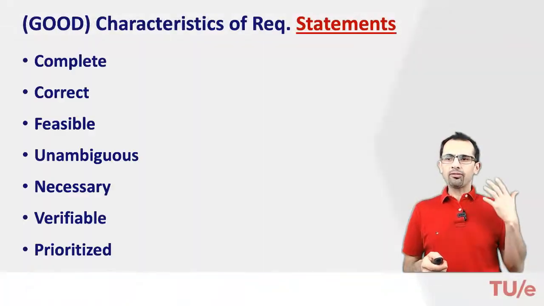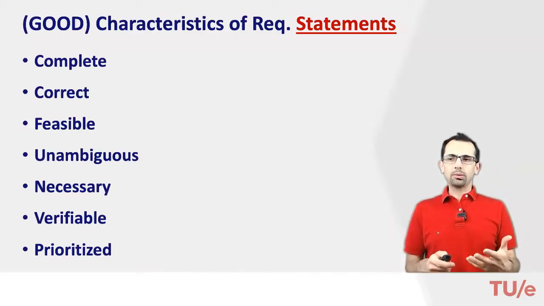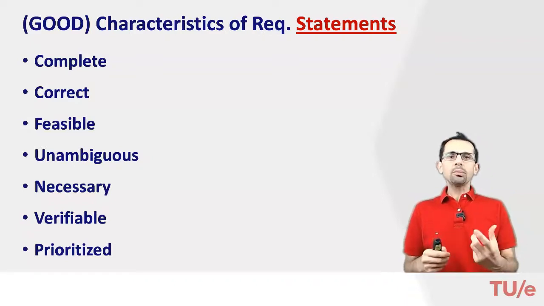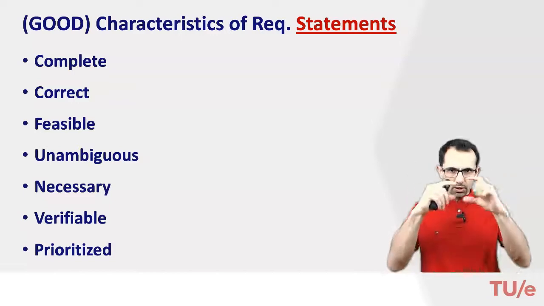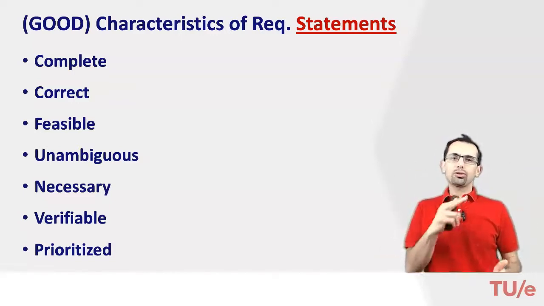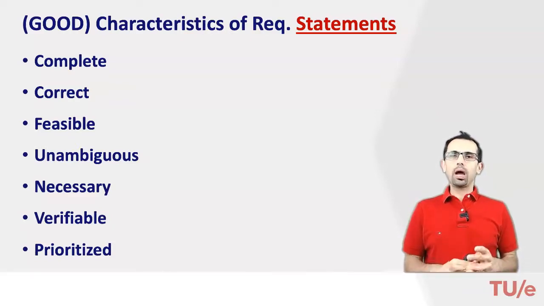There are in fact 7 good characteristics of requirement statements. A requirement statement itself, just one statement, should be complete, should be correct, should be feasible, should be unambiguous, should be necessary, verifiable, and should be prioritized.